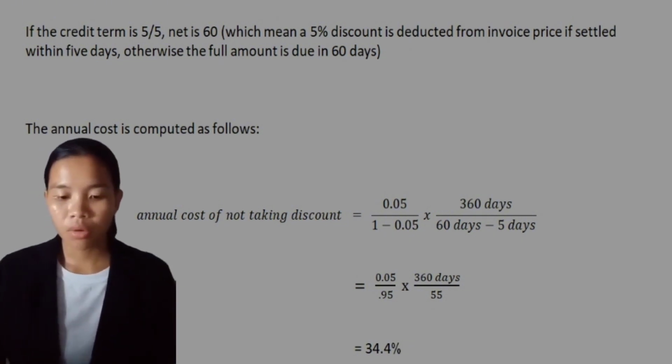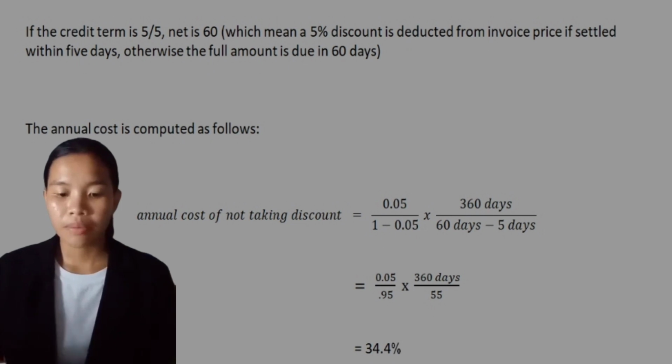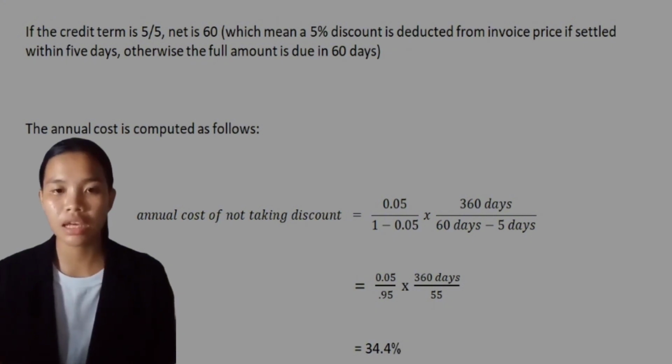So, that equals the discount 0.05 over 1 minus the discount, which gives 0.95, times the 360 days, over 60 days minus 5 days, which is the number of days credit minus the discount period.